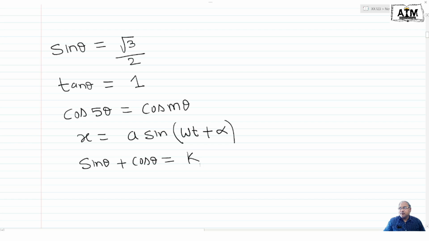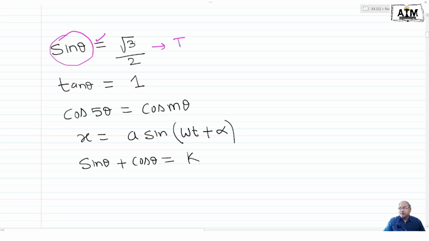Now here is sin theta equals root 3 by 2. There is an equals sign, with a left side and a right side, LHS and RHS. Sin theta, as I already told you, is a trigonometric function. But sin theta equals something is now a trigonometric equation.